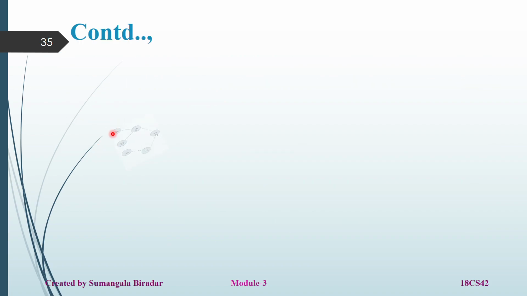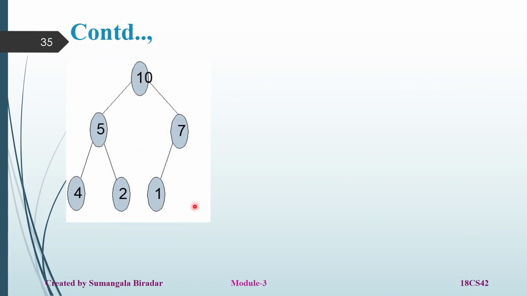Let's see an example. This is an essentially complete binary tree. See here, in all the levels the nodes are full, but in the last level one node is missing. Which node is it? It must be the rightmost node.